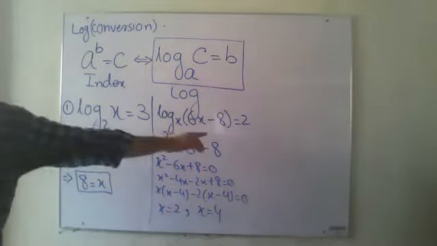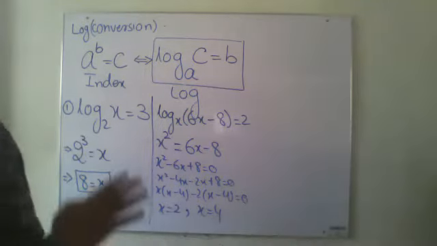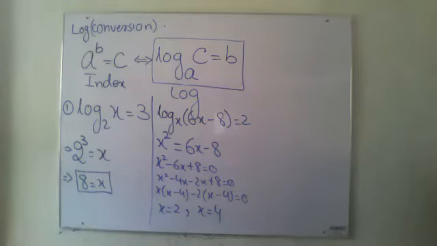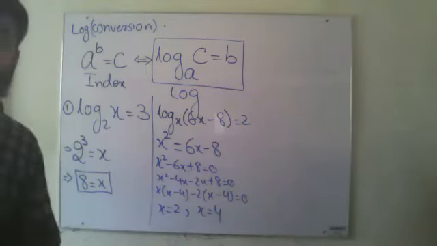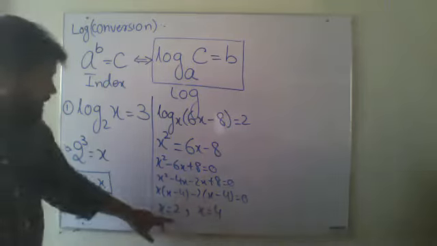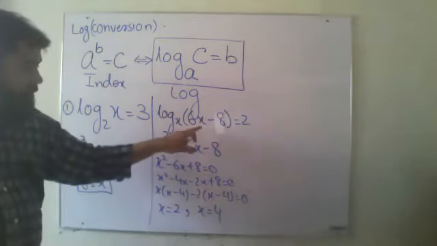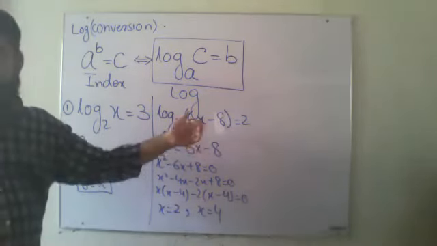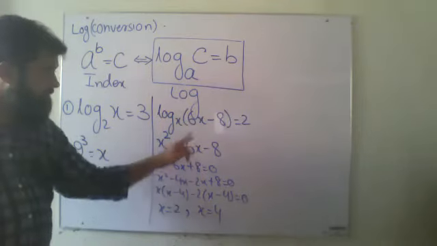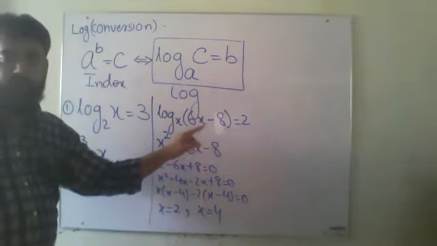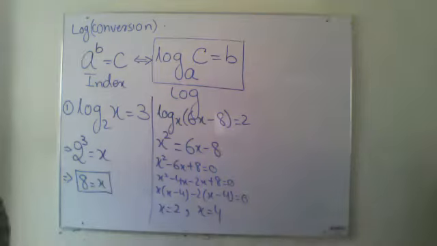If the multiple becomes negative, then the value will not be applicable because the log of a negative number does not exist. So if I put 2 over here, 6 2s are 12, 12 minus 8 will be 4, positive. For 4, 6 4s are 24, 24 minus 8 is 16. Again positive, and that is how you are going to solve this one.